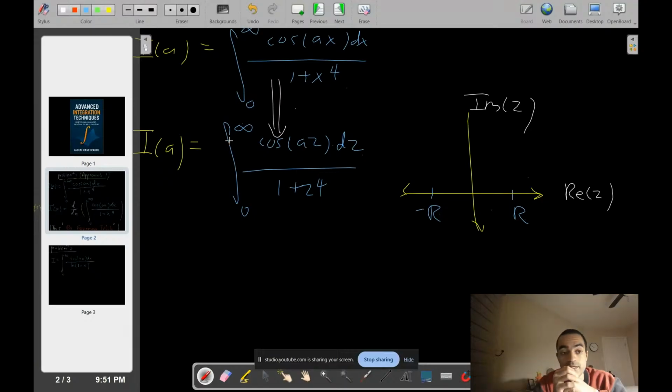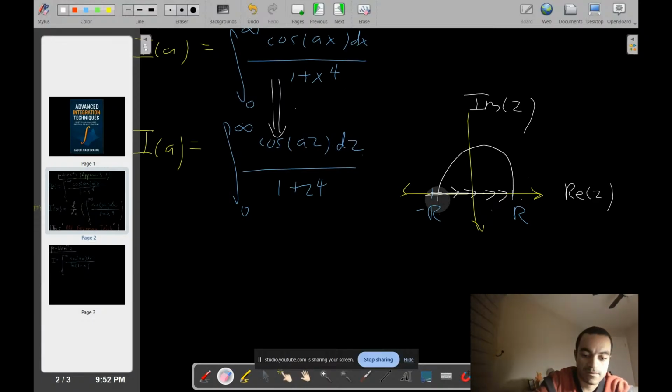So we span from negative r to r, and we have this line here that is collinear to the real axis, and it travels from minus r to r. Then it travels upwards like this, because it's a semicircle. My semicircle is better. Something like this. Make my semicircles better.